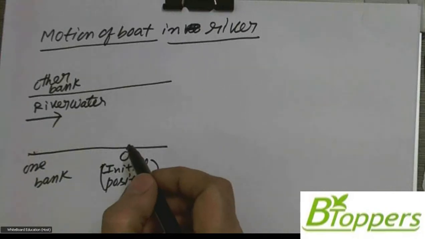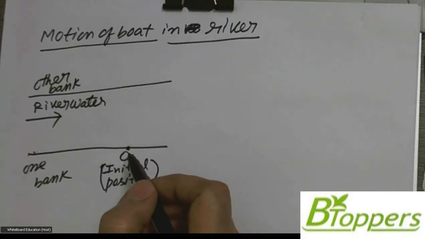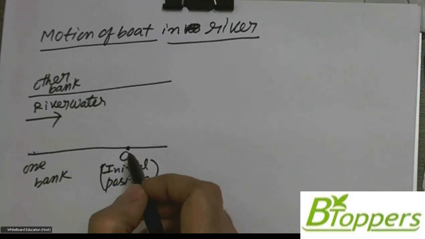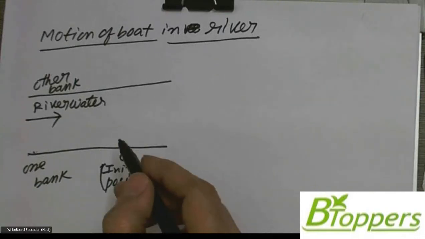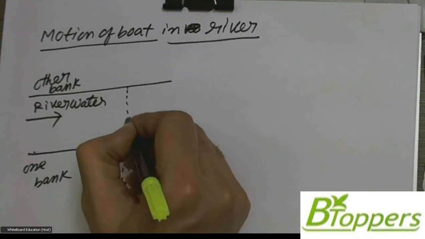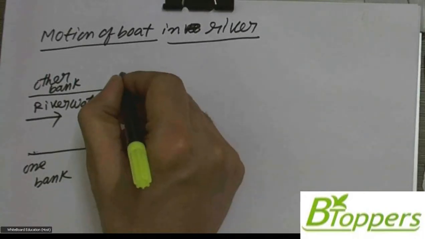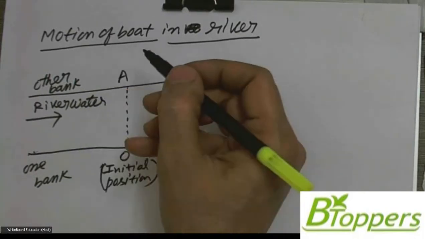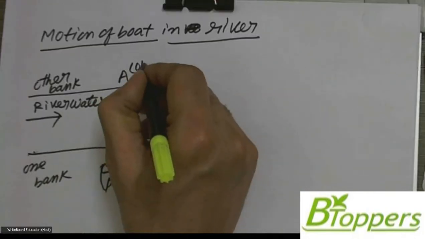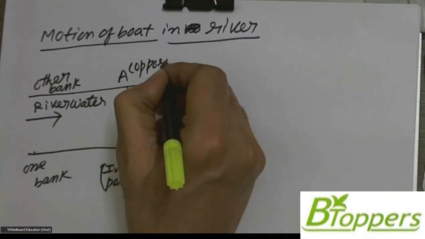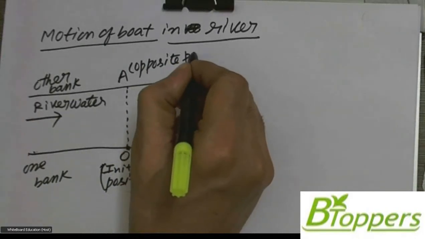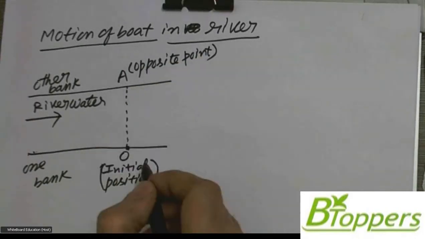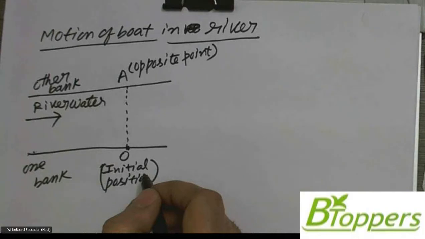In some of the problems, you may not be given the speed of the boat, you may be given the speed of the swimmer in still water. So in that case, you have to take here the initial position of the swimmer or the boat on one bank of the river. Let A be the exactly opposite point on the other bank of the river.